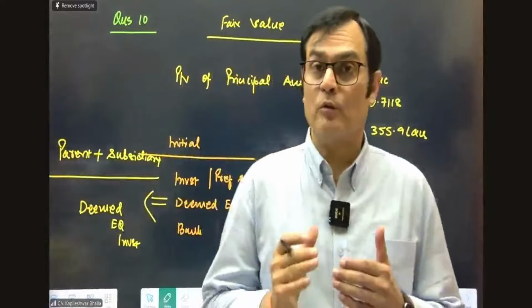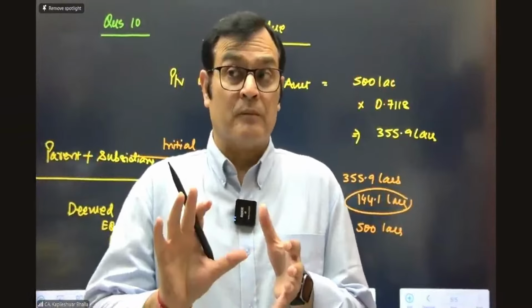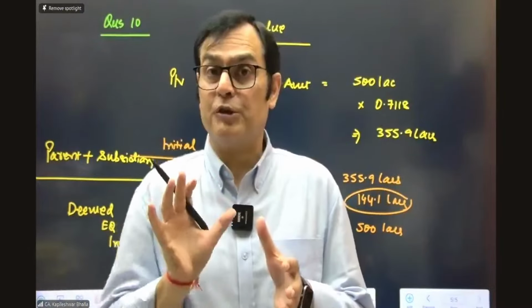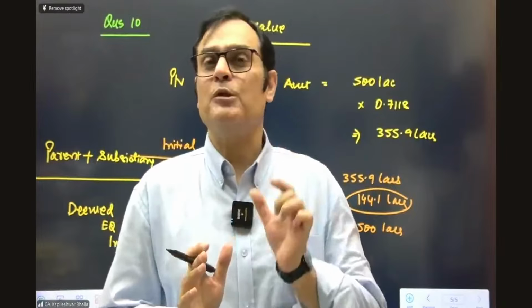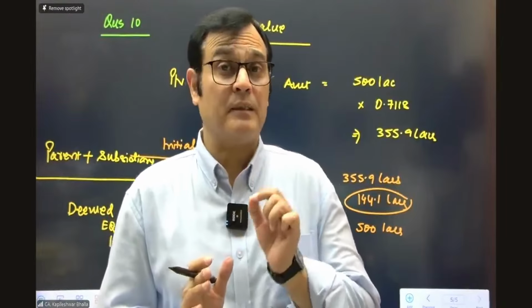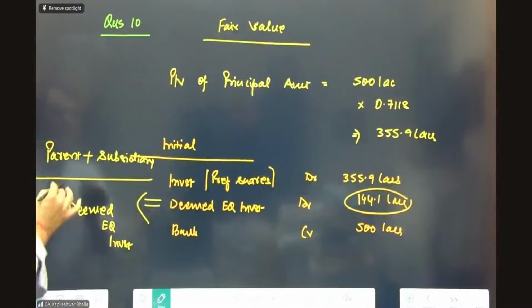That money is like an equity investment, because you're getting some money back from the preference share, which is a different figure, fair value. The money which you're not going to get back becomes indirectly a deemed equity investment. That's what is there in the books of the parent.